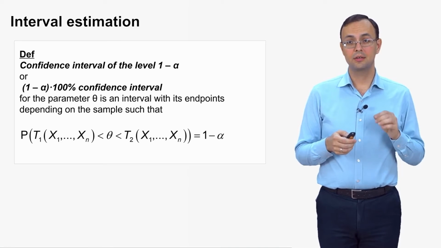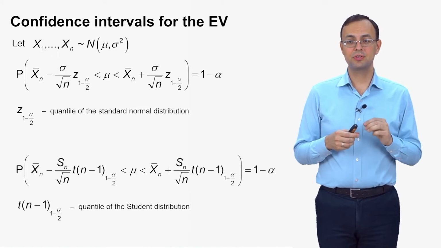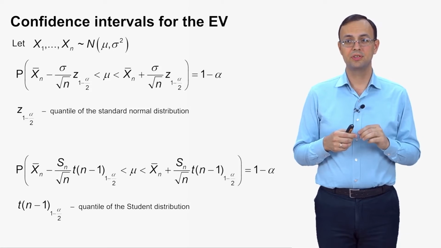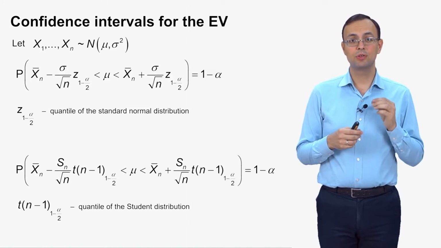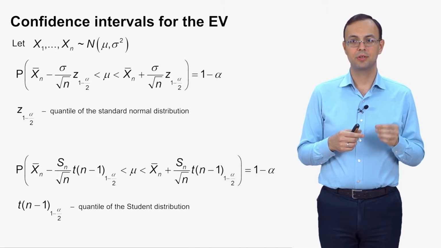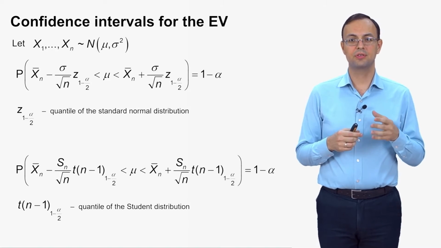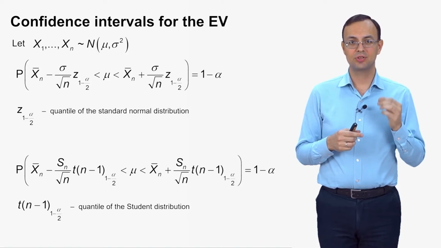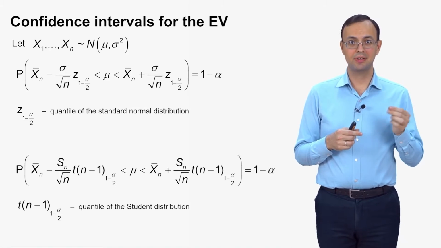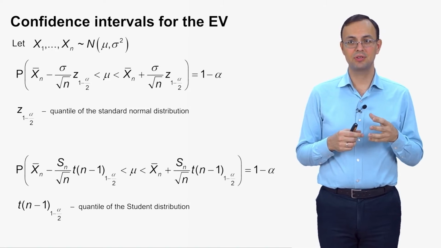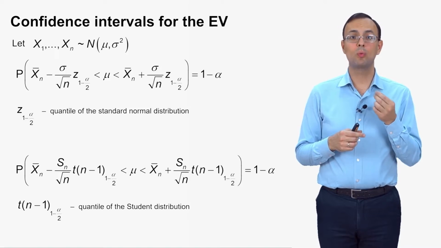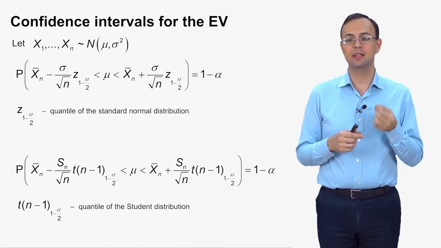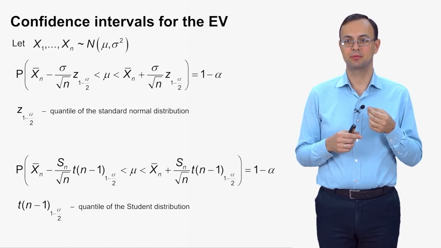So let's start. The first type of confidence intervals that we usually use are confidence intervals for the expected value, for the mean value of a normally distributed sample. So the first situation is when your sample x1, ..., xn is normally distributed and you have only one unknown parameter: mu is unknown and sigma is given.